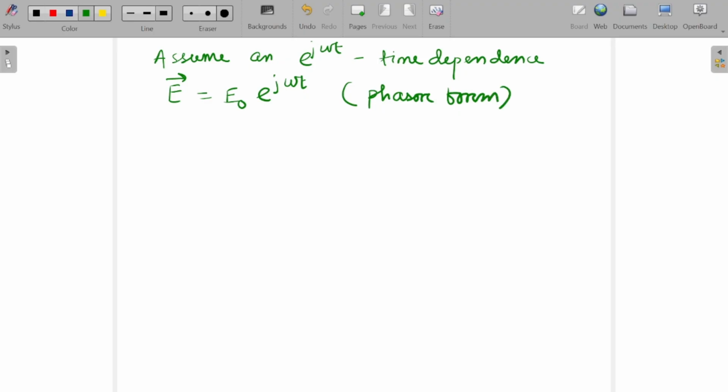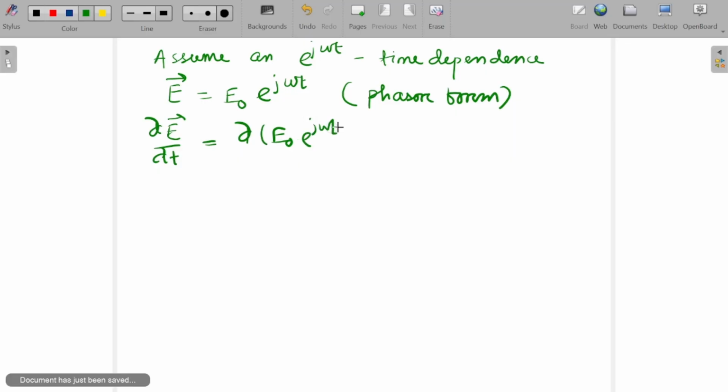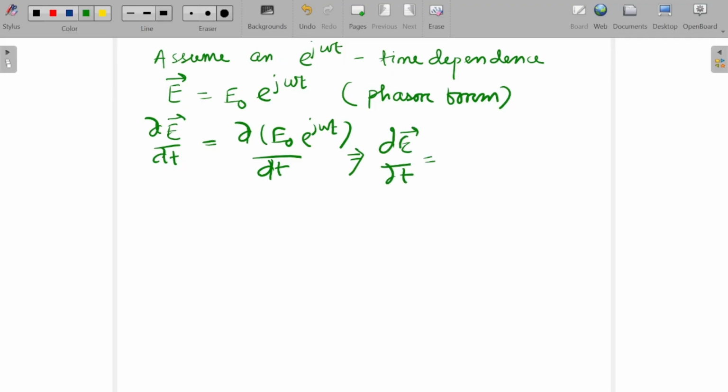So if we differentiate with respect to t, it will give rise to d by dt of E naught e to the power j omega t, that is equal to again j omega E naught e to the power j omega t.